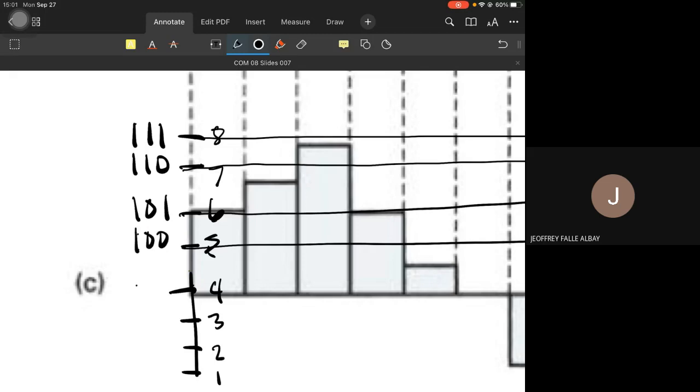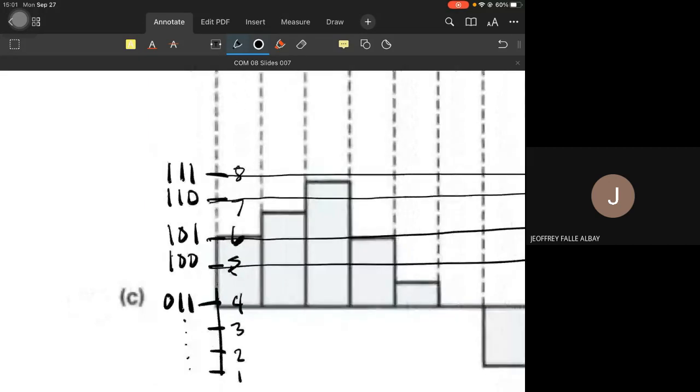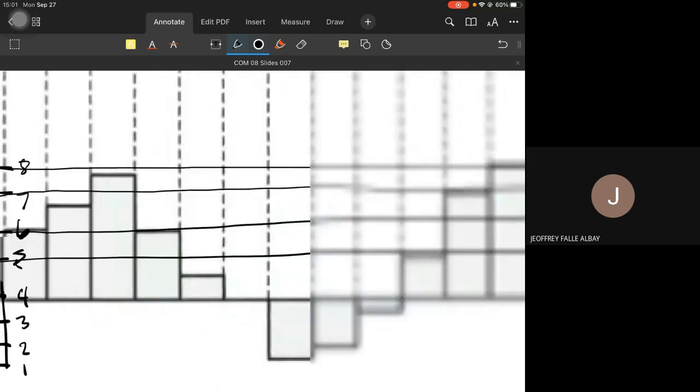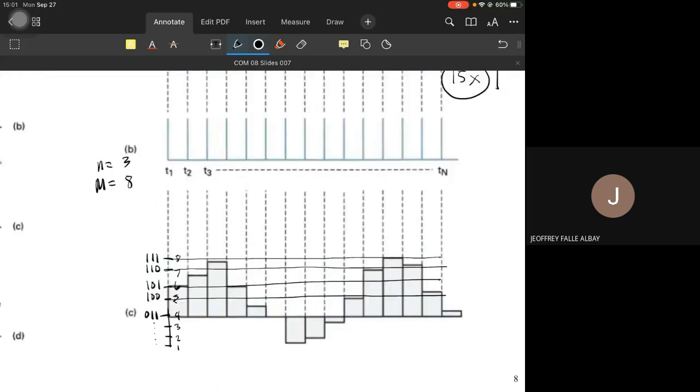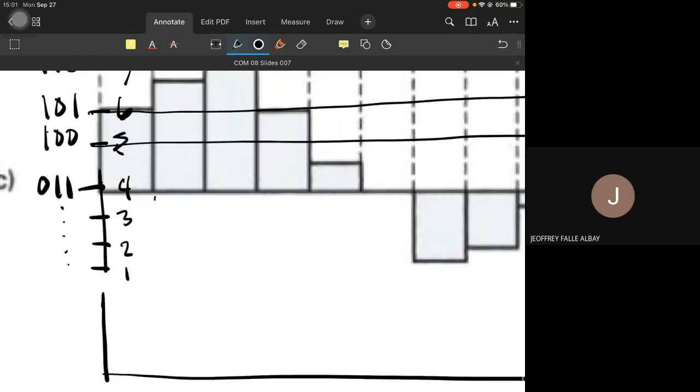So on and so forth. So for the first sample, if we use this particular example, it is level 6, which is 101. So the output is 101.